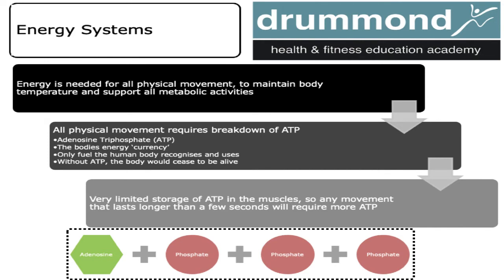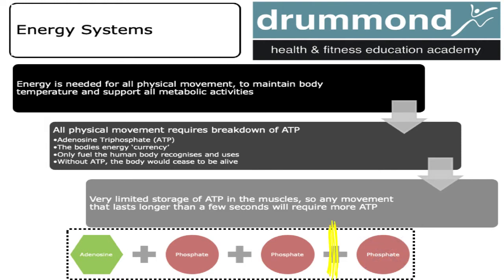ATP is composed of one adenosine molecule bound with three phosphate molecules, giving it its name adenosine triphosphate, commonly referred to as ATP. ATP releases its energy when one of its high energy bonds between the phosphates is broken, and ATP would then be converted to what is known as ADP, or adenosine diphosphate, which means one adenosine molecule and two phosphates.